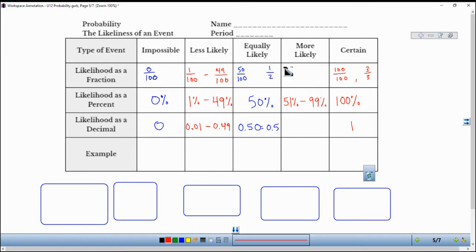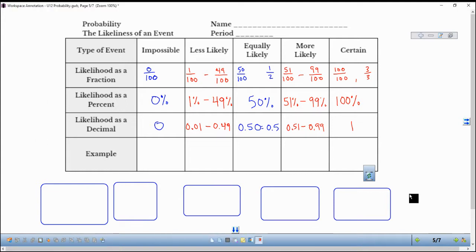As a fraction, that would be somewhere between 51 hundredths and 99 hundredths. Now again, these fractions don't have to be out of 100, but it can be helpful to think about them when they're out of 100. And as a decimal, somewhere between 51 hundredths and 99 hundredths.